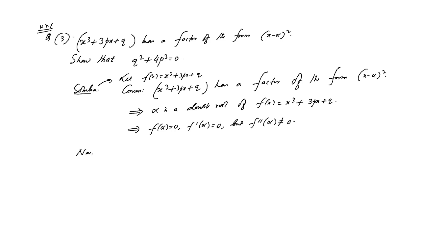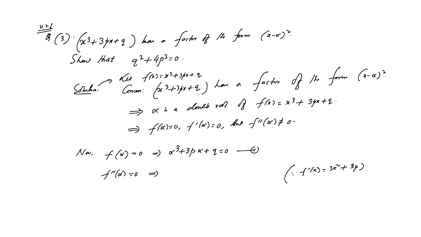So now, what is f alpha equals 0? That means alpha cube plus 3p alpha plus q equals 0. This is 1. And f dash alpha equals 0: what is f dash x? f dash x is 3x square plus 3p.